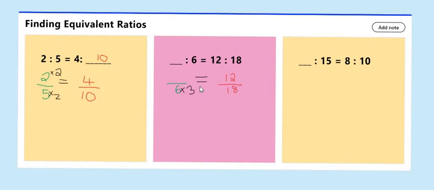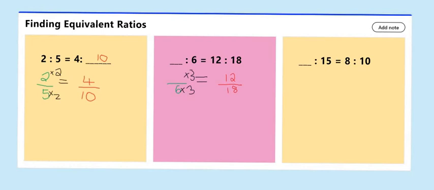So therefore, if I multiply the denominator by 3, I'm also going to multiply the numerator by 3. So we're going to do something times 3. Then you should ask yourself, what times 3 gives me 12? What is going to be the missing number that should sit on this line?